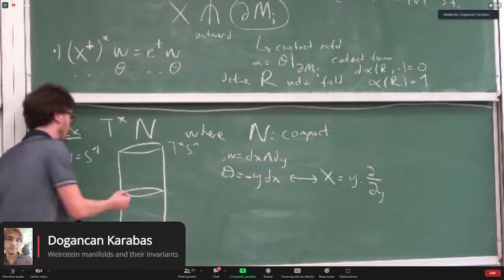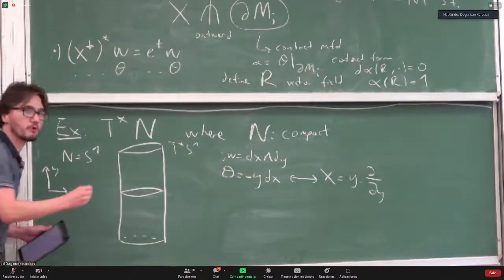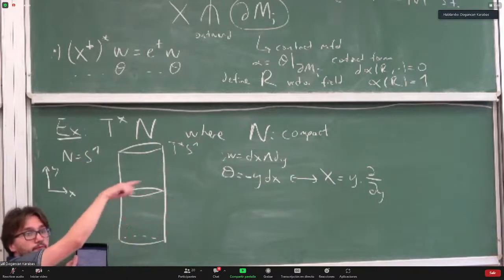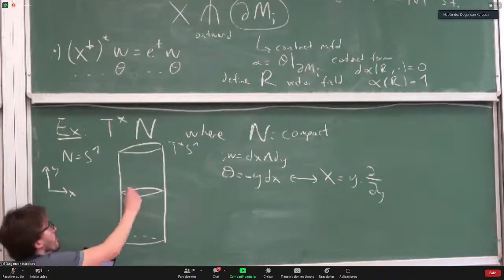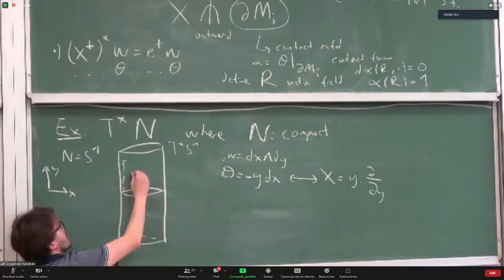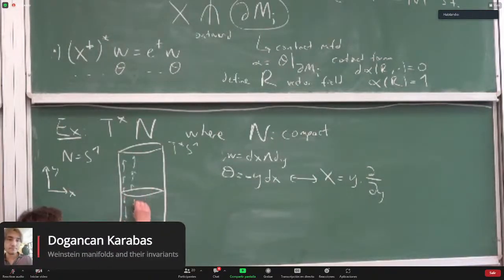Let's draw it. Let's draw it in a different color. Let's draw it with blue. Which means it is actually zero in the zero section. It's zero. So then it grows, or it grows downward, etc. You understand the idea.